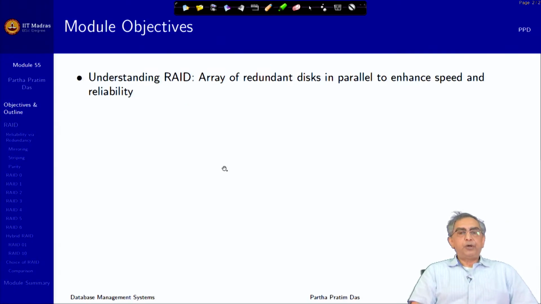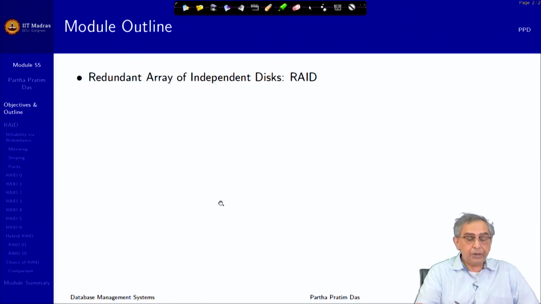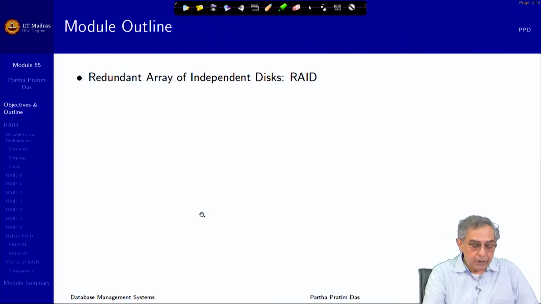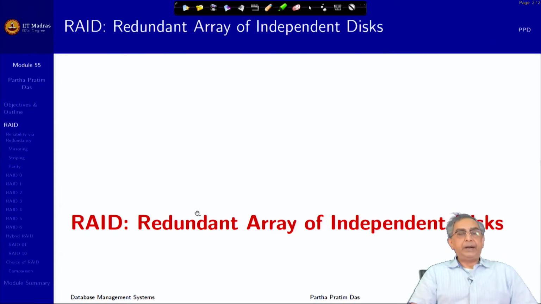In the last module of this week on backup and recovery, we will talk about RAID, redundant array of independent disks, which I am sure all of you have heard the name of and might wonder what kind of benefits it can bring us. So, RAID is redundant array of independent disks.